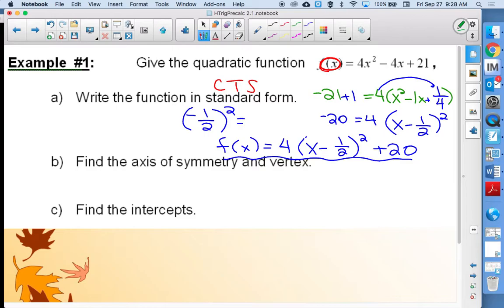So part B wants you to find the axis of symmetry, which I just call AOS, and then it asks you to find the vertex. You don't need to do any other calculations because you've already done the work. So now that you have the work, Carrie, what would the axis of symmetry be?